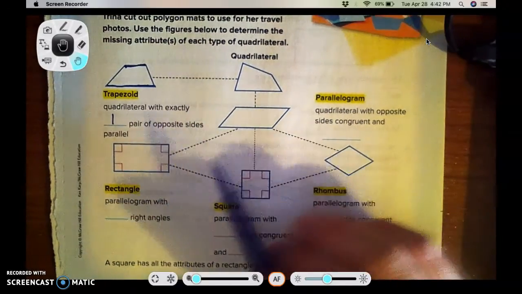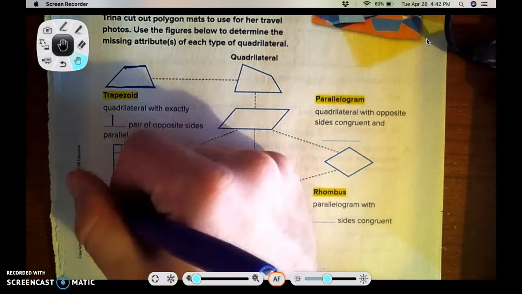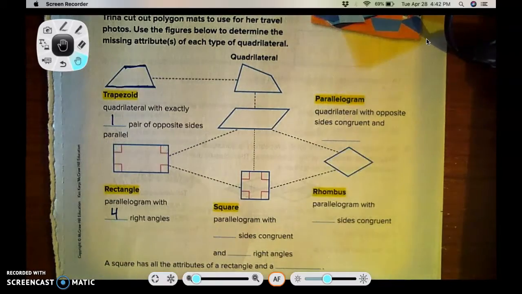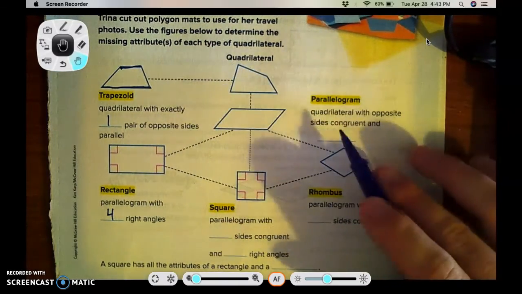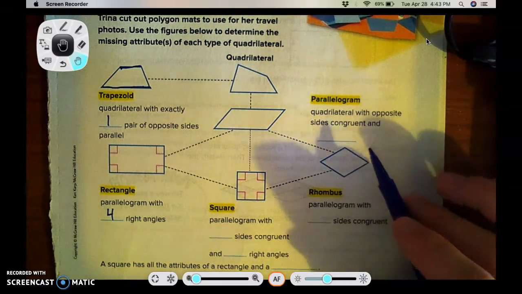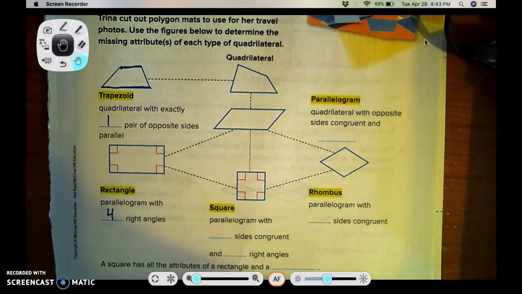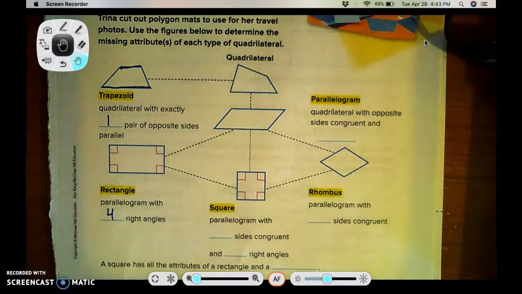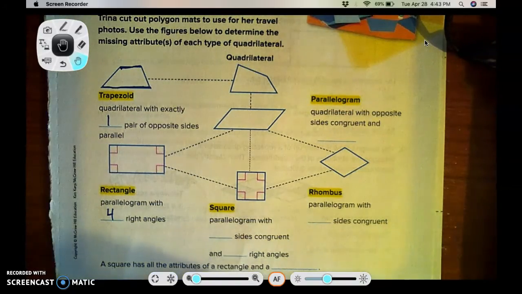And then we have a rectangle, which is a parallelogram with 4 right angles. Okay, we have a parallelogram, which is a quadrilateral with opposite sides congruent, and, excuse me.